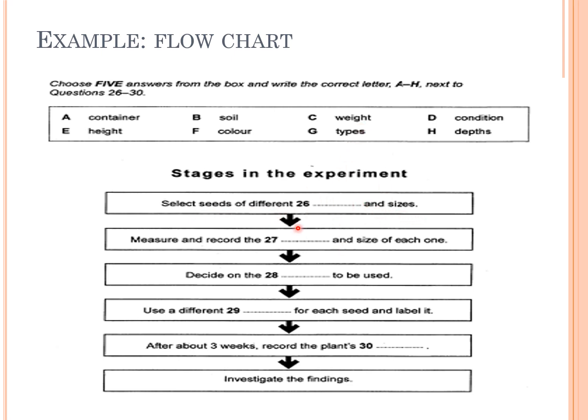It may be weight or it may be types. So when you hear the recording, be careful because you have predicted. It may be weight, it may be types. So pay attention to it, and it will be easier if you do a little bit of prediction before starting to find your answer.